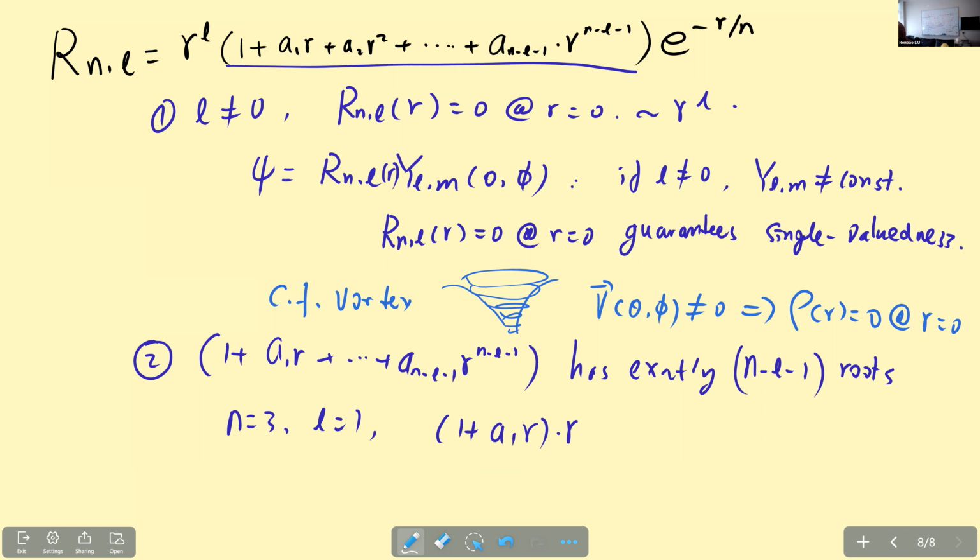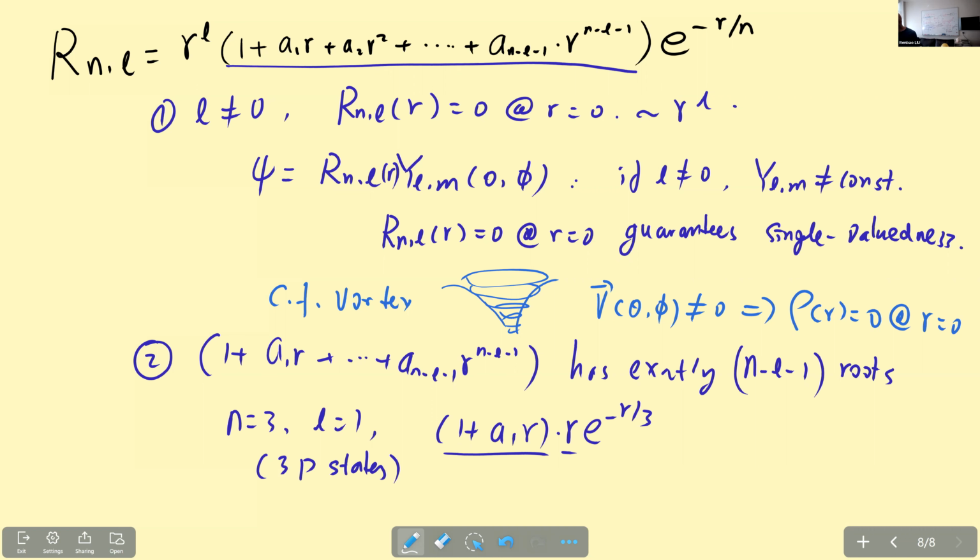These are the 3p states, right? And then times e to the minus r over 3, and this one has 1 zero. So this one has 1 zero away from the origin.